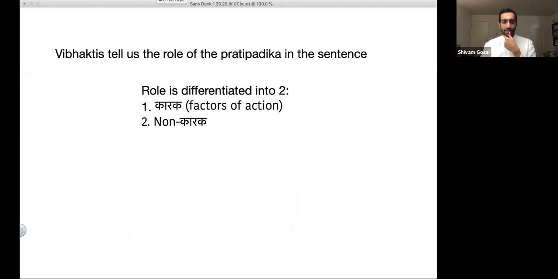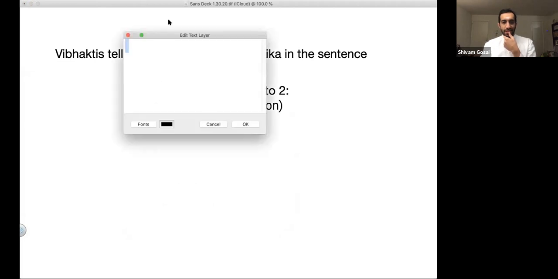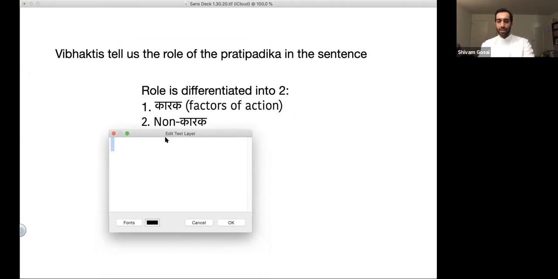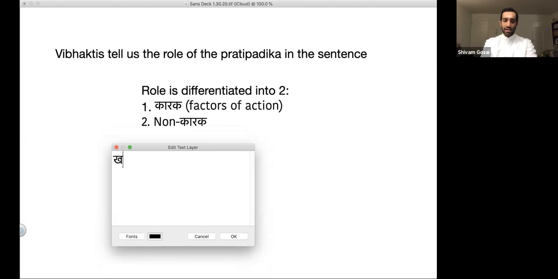What do I mean by this? A karaka, a factor of action, we've seen a little bit before. A karaka is basically how a noun is connected to a verb.